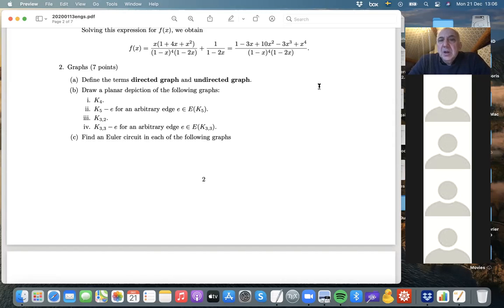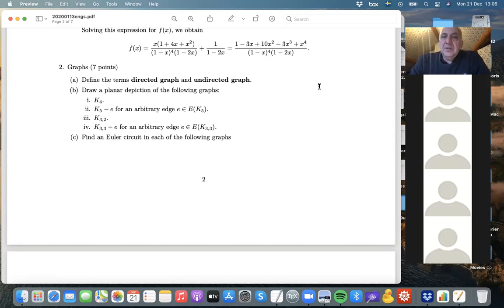A directed graph is a pair. A graph is always a pair consisting of the set of vertices and the set of edges. Edges could be directed, undirected, weighted, non-weighted. Edges could have some additional structure. But the set of vertices is usually a finite set in most cases.